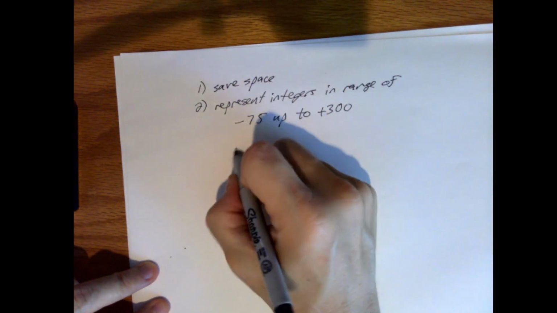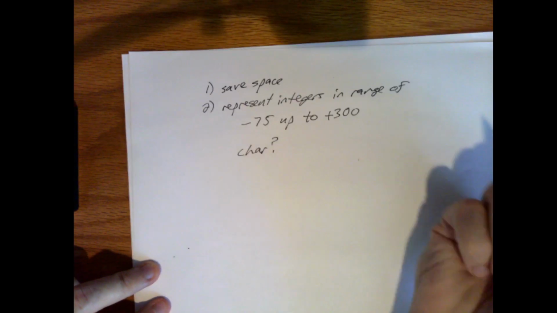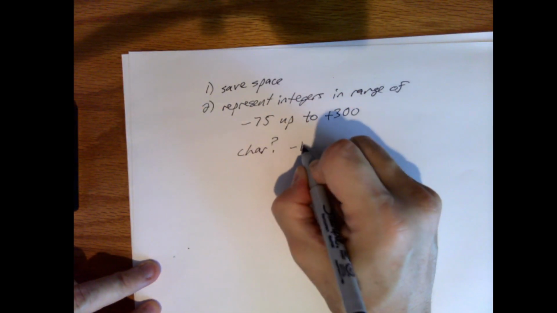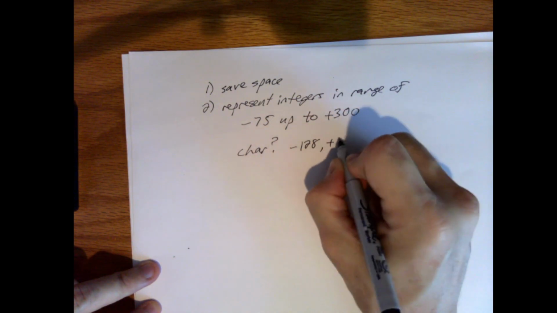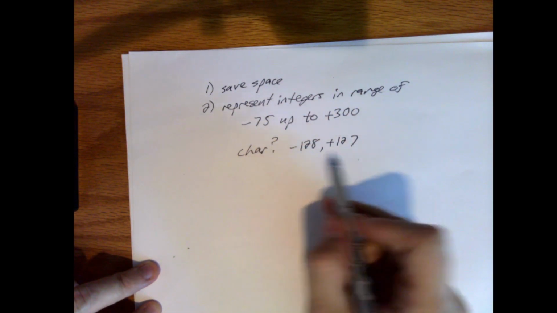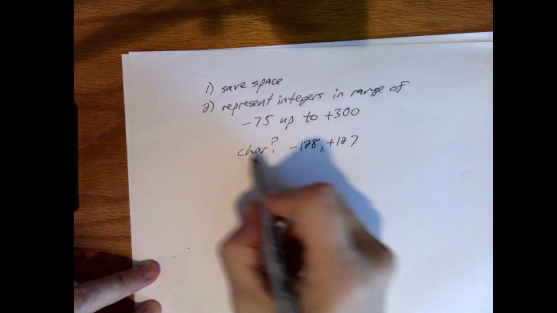Well, can I use a char? Well, if we're talking about 2's complement, here's my range, minus 128 to positive 127. Minus 75 will fit here, but 300 is too big for this, so this is out.